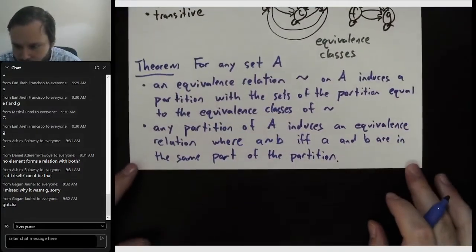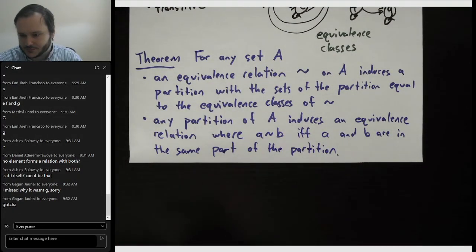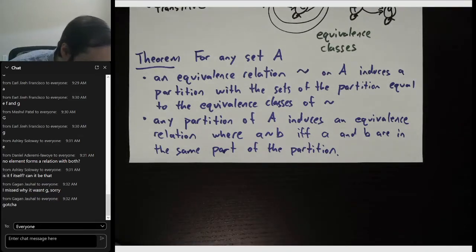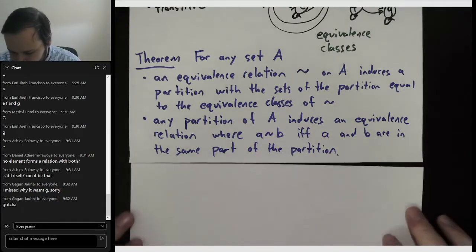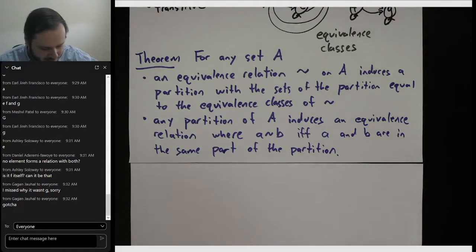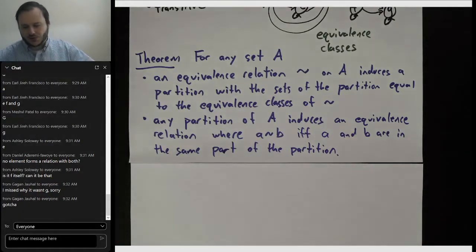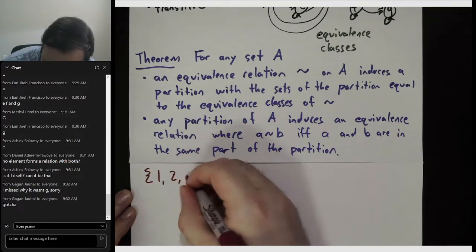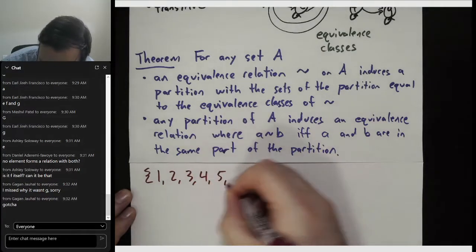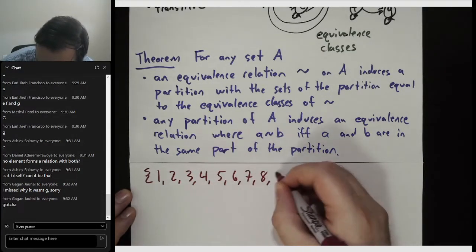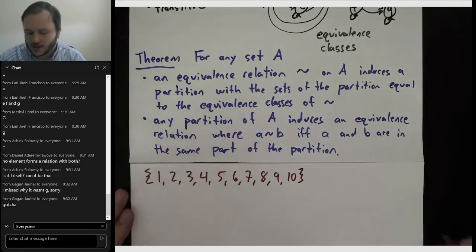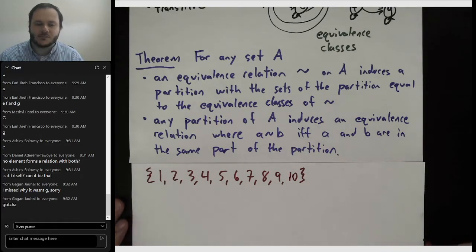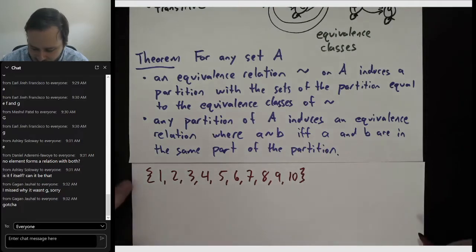Okay. So, got 4 more minutes in class. I just want to do a quick example of this. If I take the numbers 1 up through 10, I can partition them, let's say, based on the number of factors in their prime decomposition.